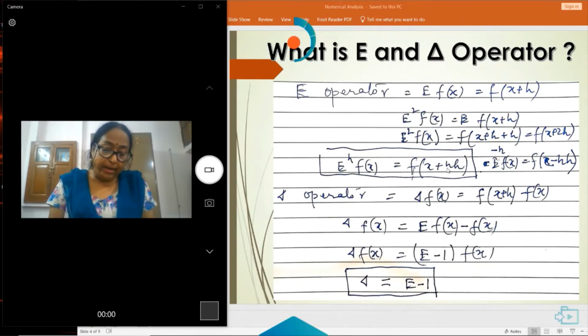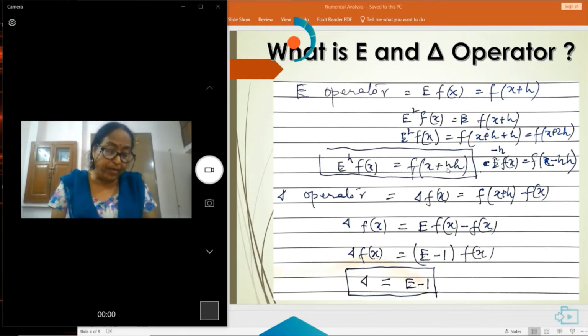And delta operating on a function of x, that is delta f(x), will be f(x plus h) minus f(x). So delta f(x) is equal to f(x plus h) minus f(x).